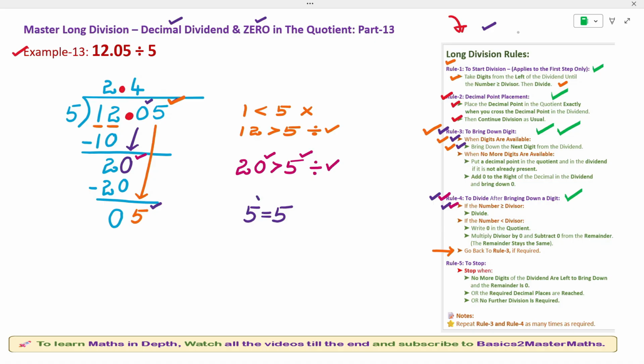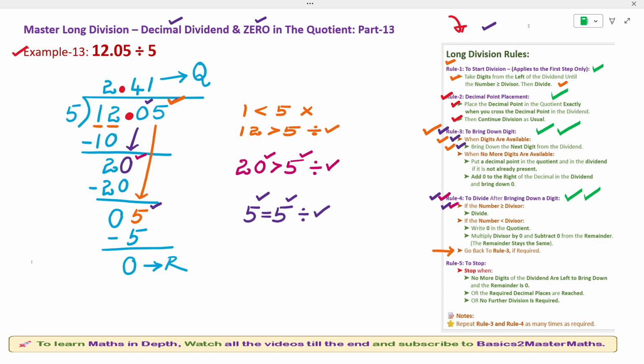If the number is greater than or equal to the divisor, then divide. 5 ones are 5. So you will get 0 as the remainder and 2.41 as the quotient. Now, rule 4 is complete for the second time.